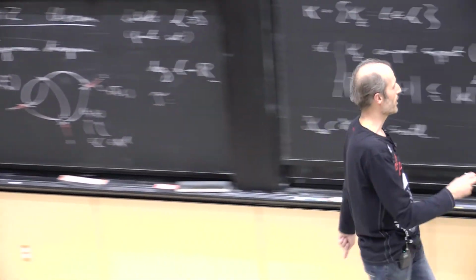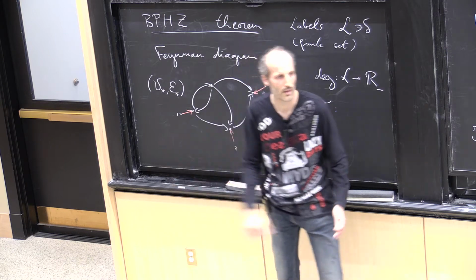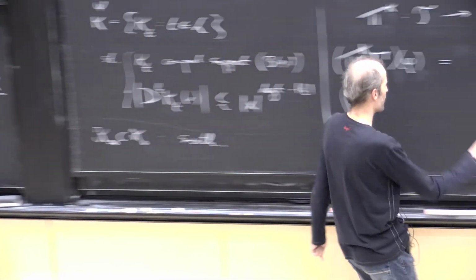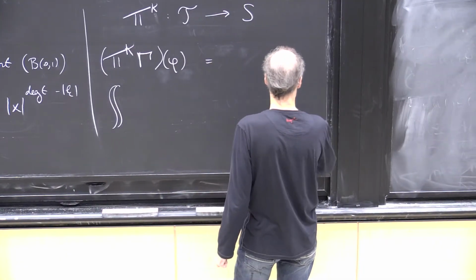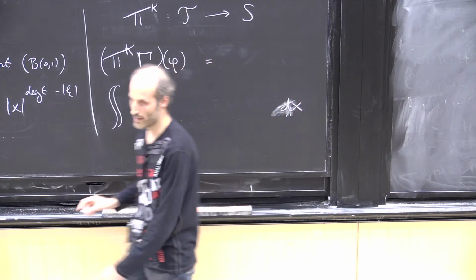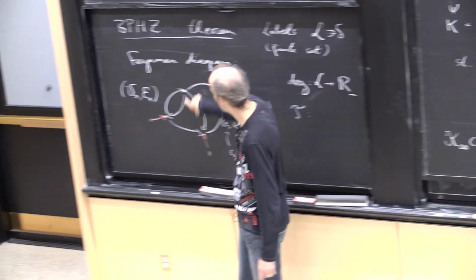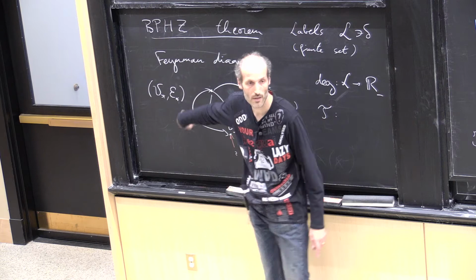And so for each vertex here, you have an integration variable, so you have dx, but now x has components xv, and there's one xv for each vertex v here.